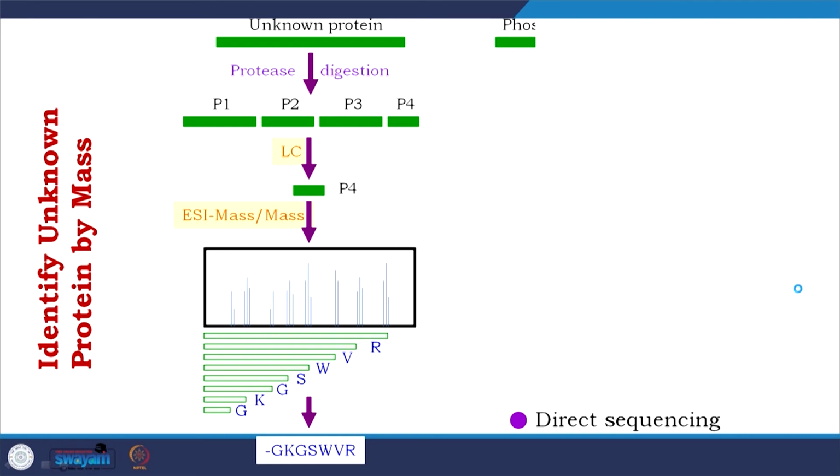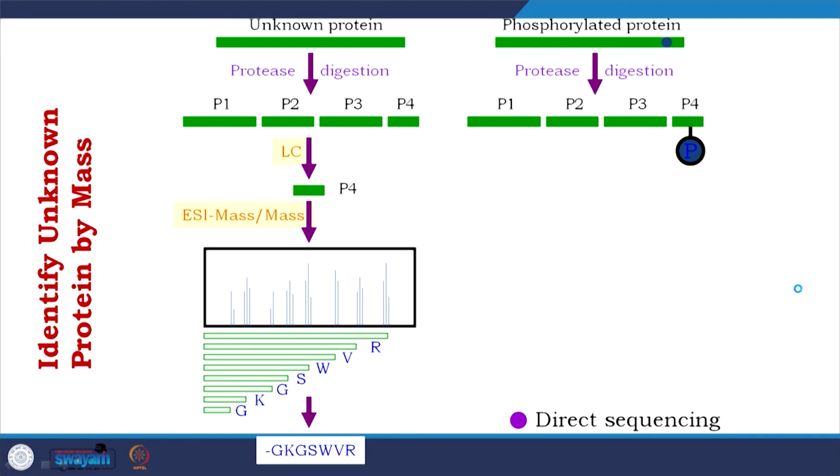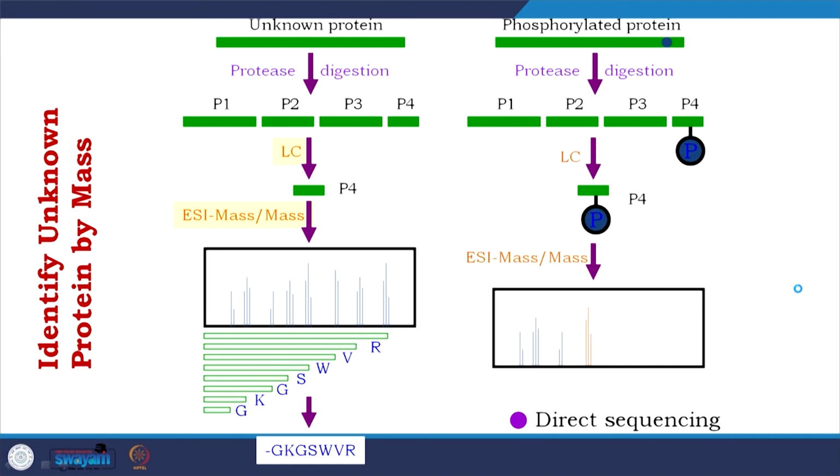So, it is called direct sequencing. For a phosphorylated protein, you get the fragments, the P4 fragment is phosphorylated, others are not, you do liquid chromatography to purify P4 and then do ESI mass, you get the phosphorylation site. So, in that way you could have identified the unknown protein. Thank you very much.